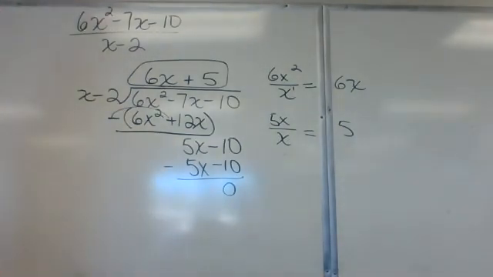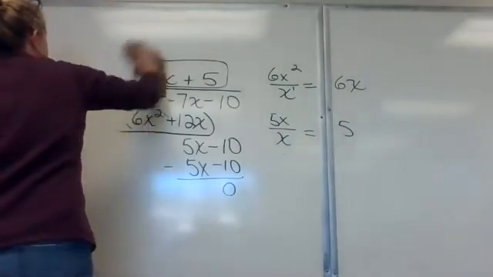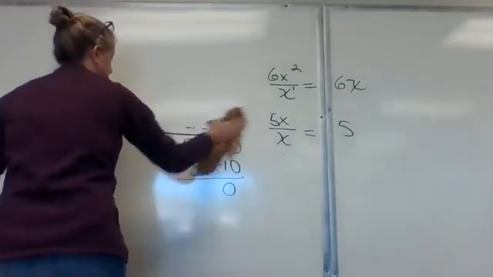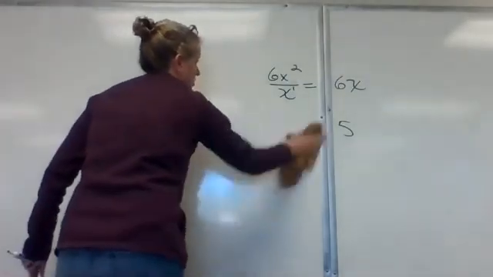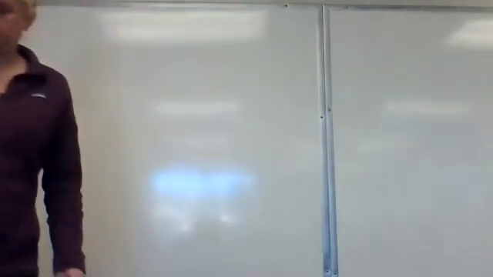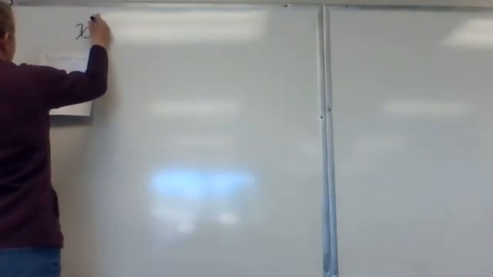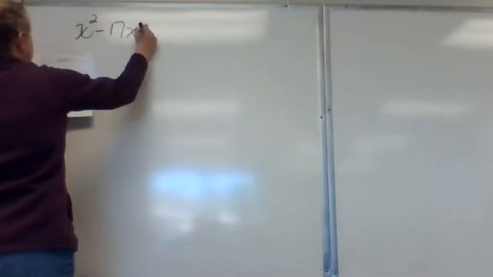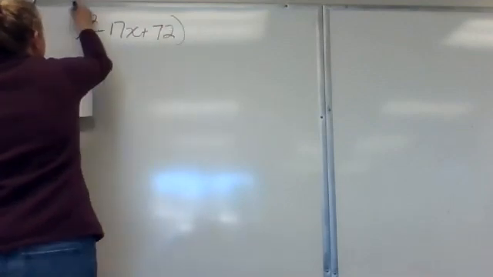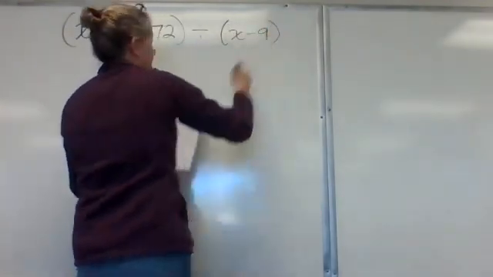Right, number 3. x squared minus 17x plus 72 divided by x minus 9.